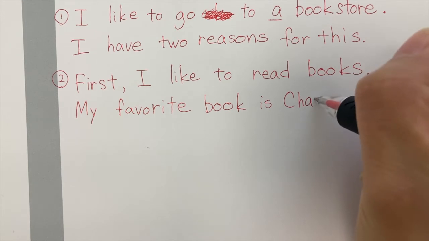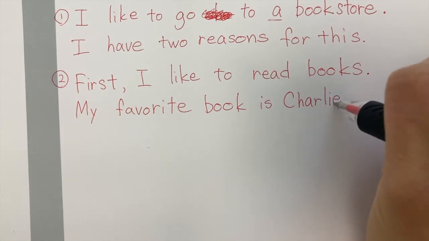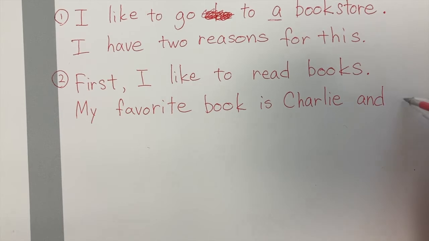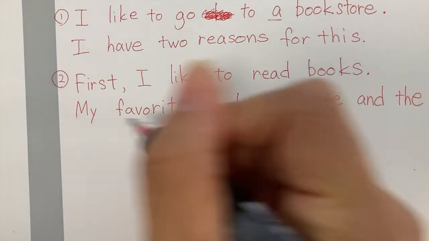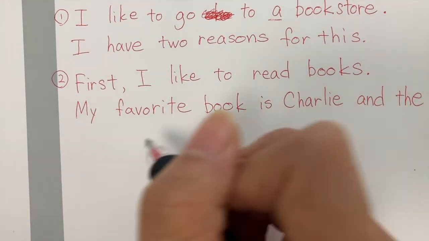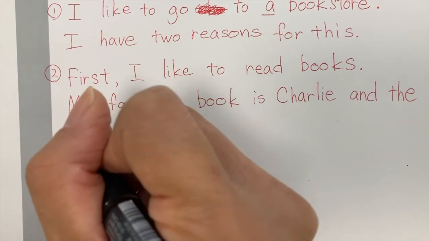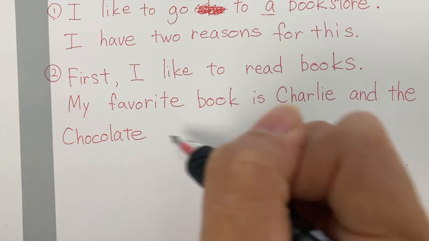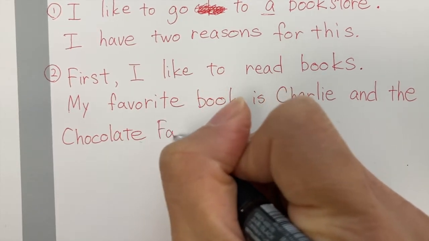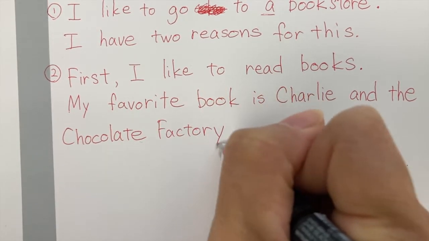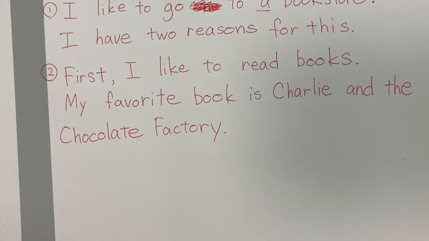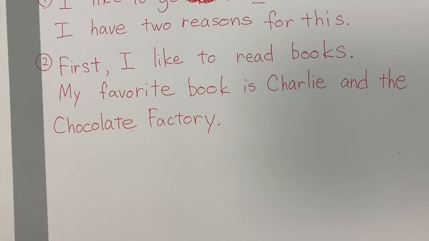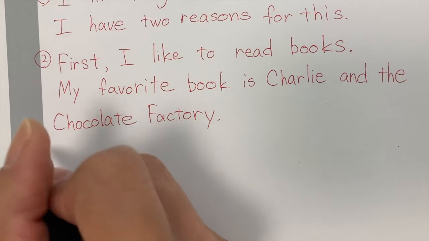How do I spell Charlie? Charlie and the, capital letter because it's the name of the book. Charlie and the Chocolate Factory. I like to read books. First, I like to read books. My favorite book is Charlie and the Chocolate Factory.